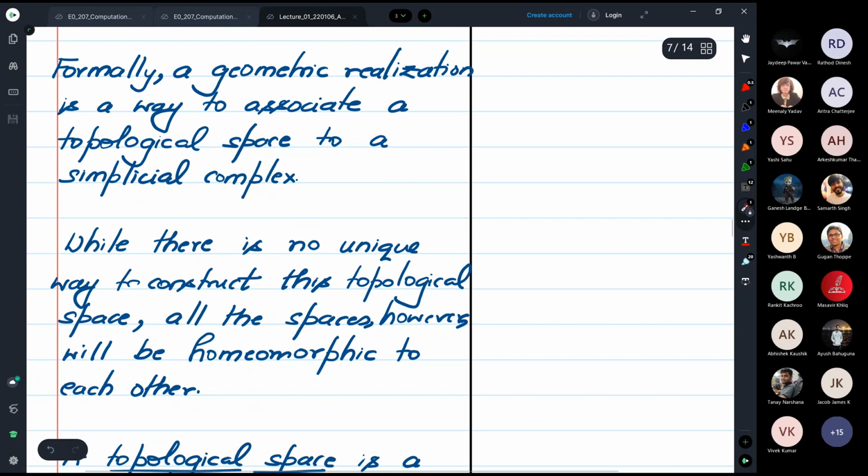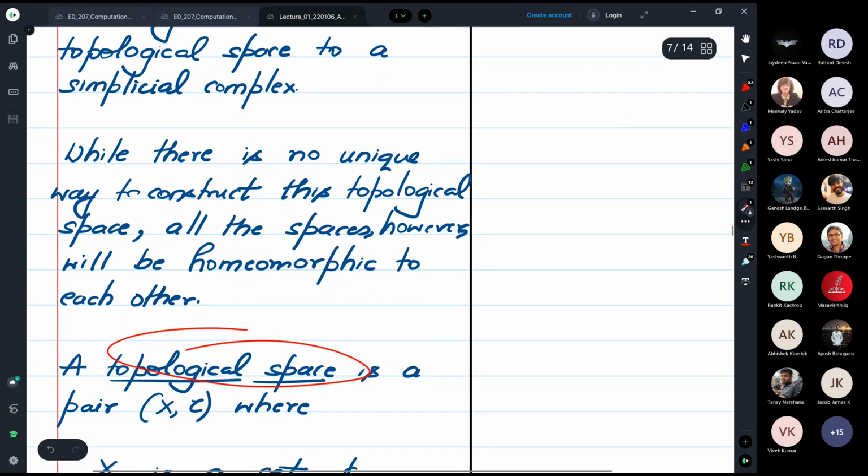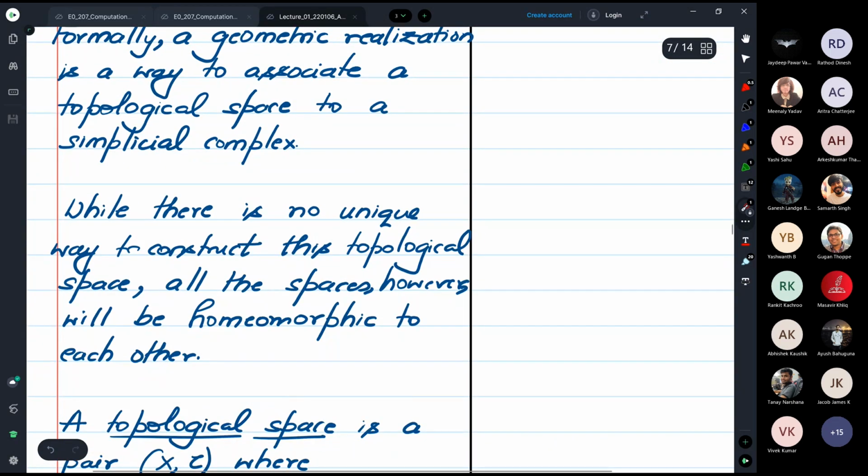So what is a topological space? I have defined it below, but nevertheless, let me make a remark. While there is no unique way to construct this topological space, all these spaces will be homeomorphic to each other, right?